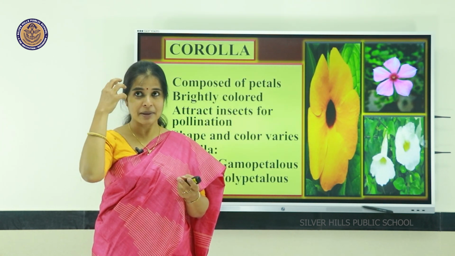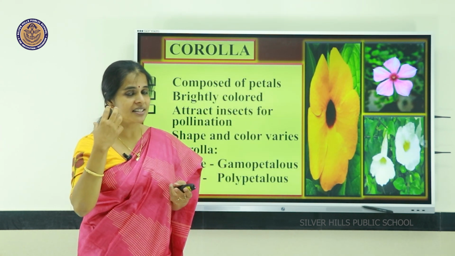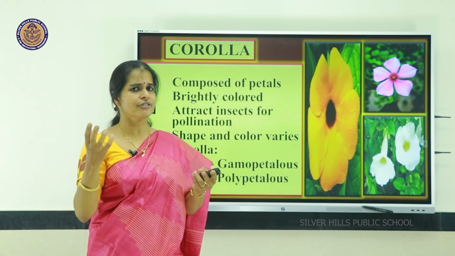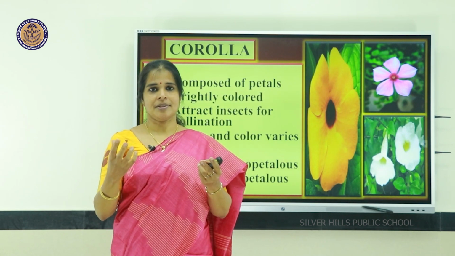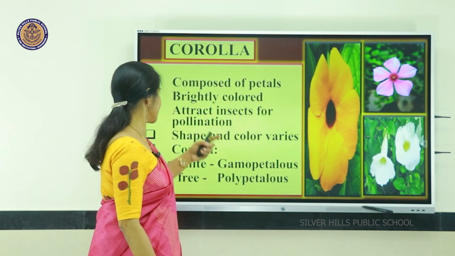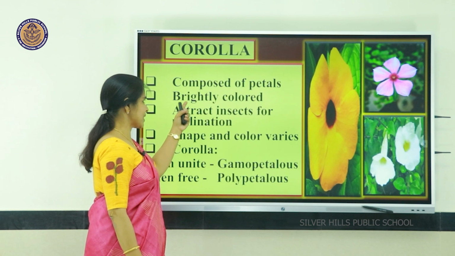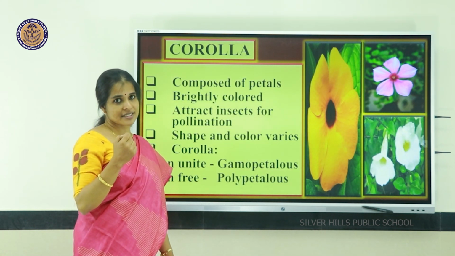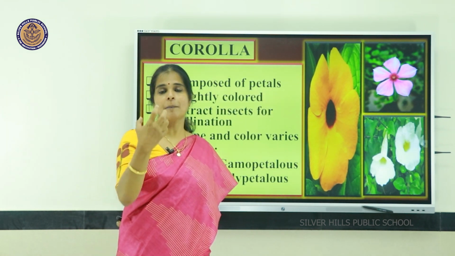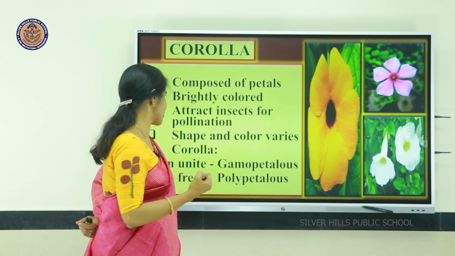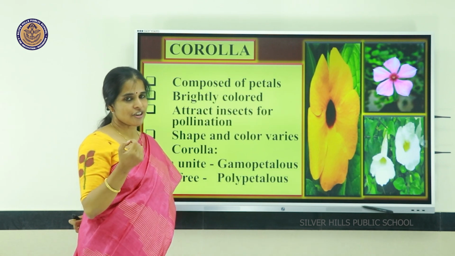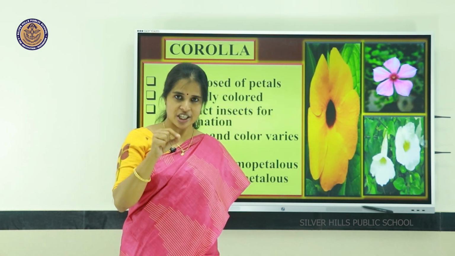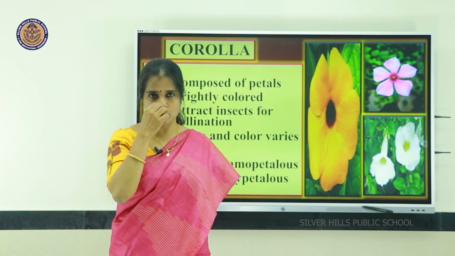That is reminding us what type, what color the flower was. In any colored flower, the brightly colored part is the petal. So, petals are brightly colored, and why are these bright colors there? Petals are the part for attracting insects for pollination. For a flower, the reproductive organs are present inside, and when reproduction takes place, pollination has to be conducted.